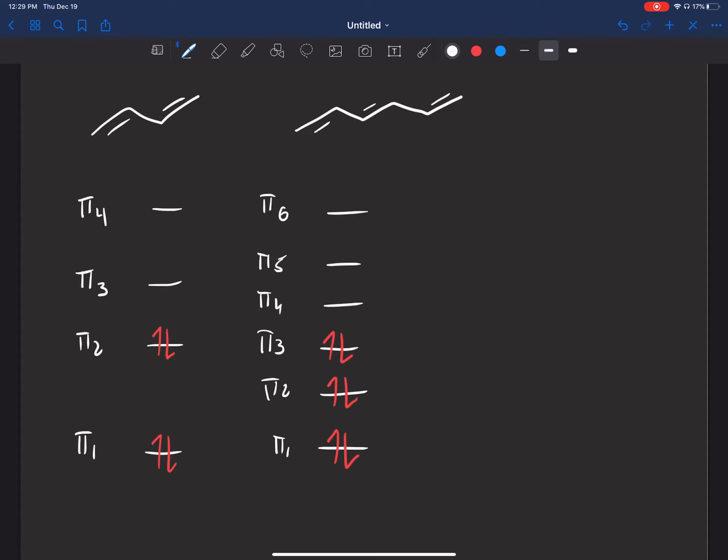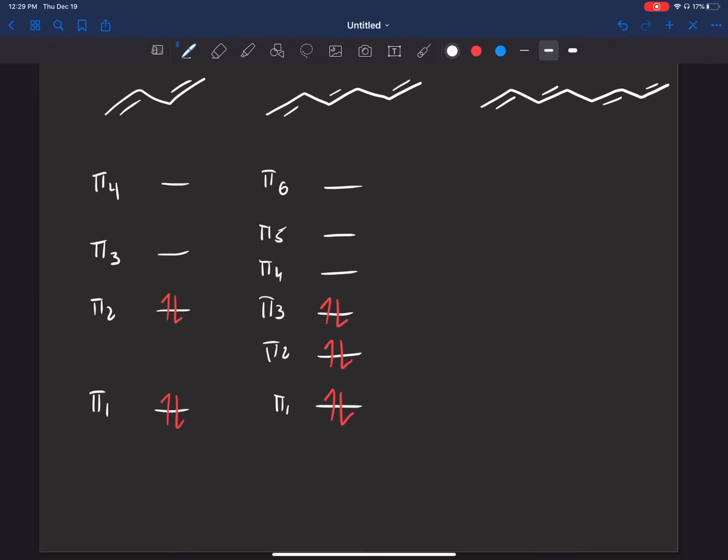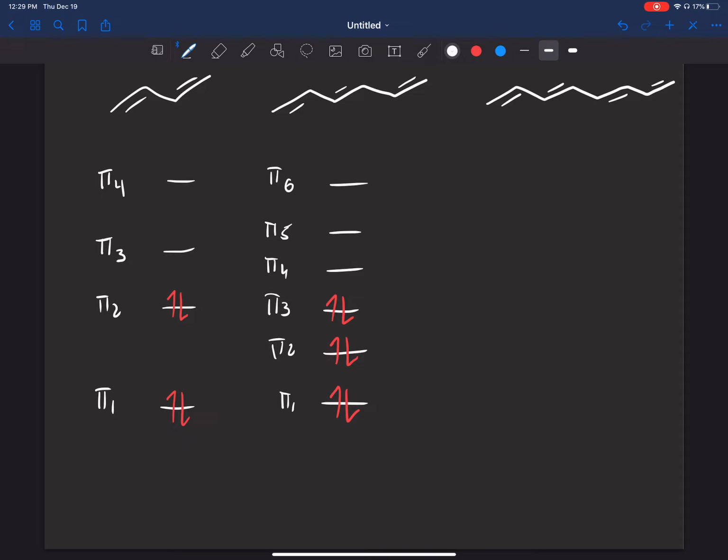Now the last compound I'm going to draw is going to be this guy right here. Let me actually draw that a little better. So now this guy has 4 double bonds that are conjugated to each other. Butadiene had 2, hexatriene 3, and this new compound has 4 double bonds. So we're going to draw the electrons for this guy, and it's going to go all the way up to pi 8.